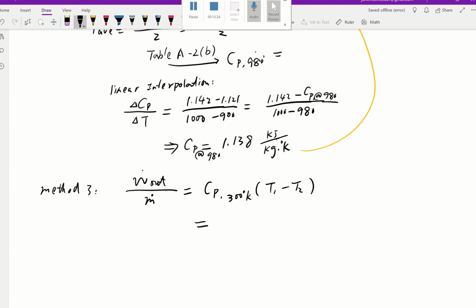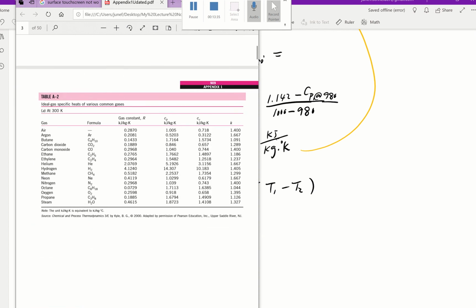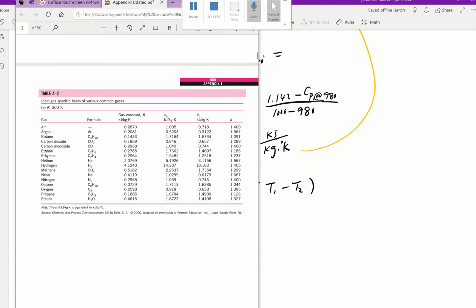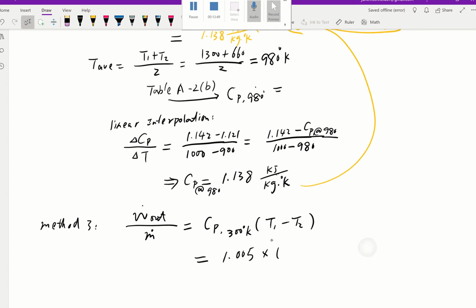If we go back to table A2A, we'll get the value as 1.005. I can quickly pull that up to show. For air, at 300 Kelvin, Cp is 1.005. And then T1 is also our 1300, T2 is 660.